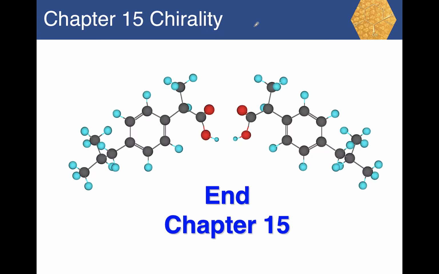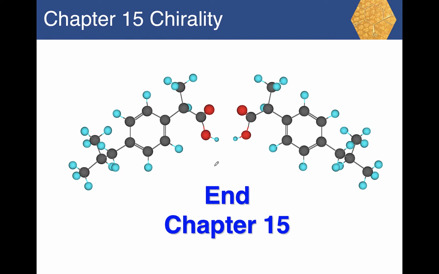This is the end of chapter 15. Once again, please take your time, read through the chapter, and watch the video. Hopefully I've done a good job explaining the concepts in this chapter on chirality and stereochemistry. You may have to pause at different times, get your model set, and build your models.